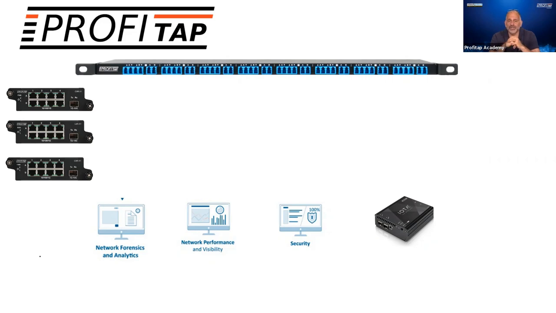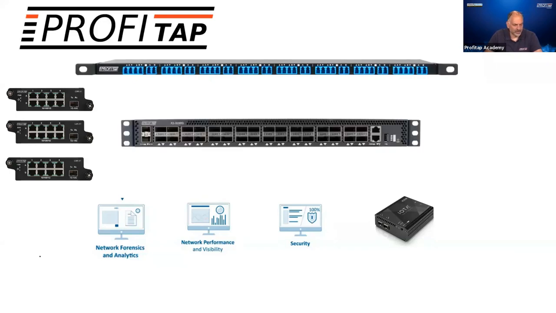So you'll notice that there's a big gap in the middle. How do we fill in that gap? How do we aggregate this traffic that's coming in from all these different sources, filter on it, and then distribute that out to the devices we're using for monitoring? Okay. Well, this is where our packet broker comes in. So today, we're going to be taking a look at the X2 3200G.